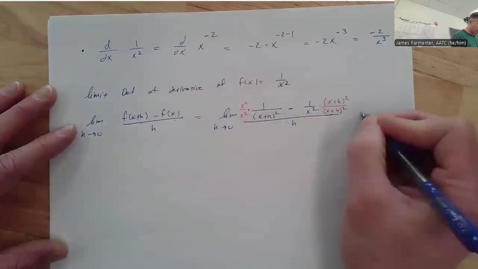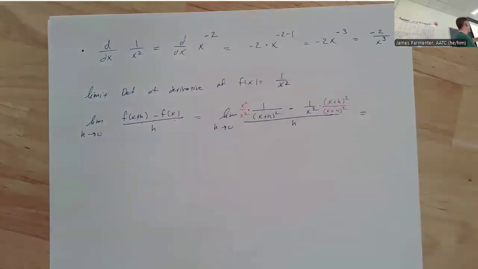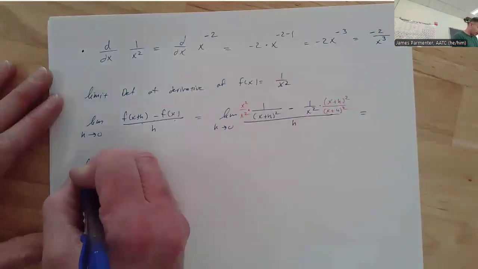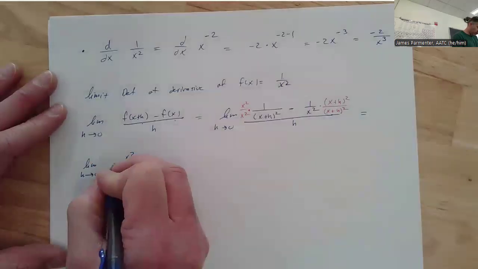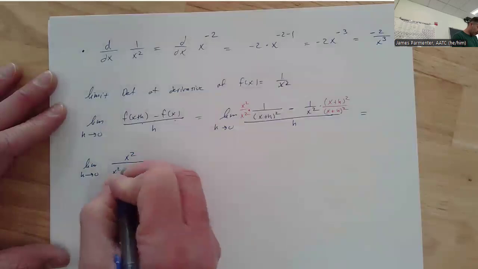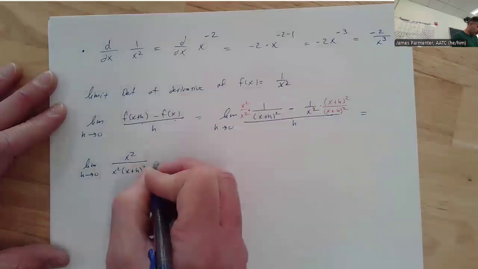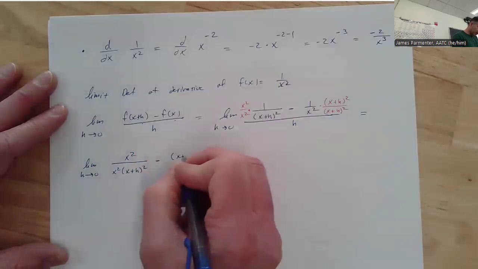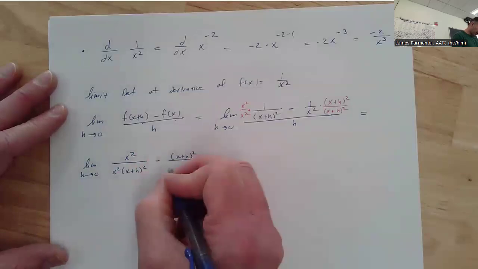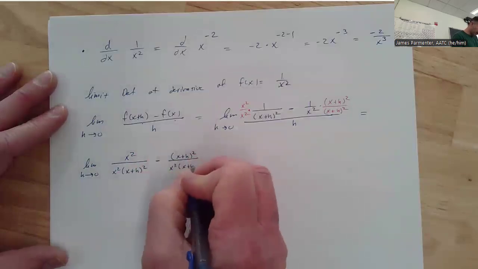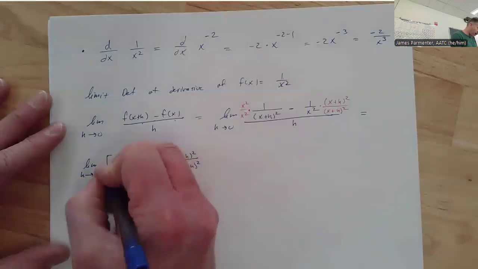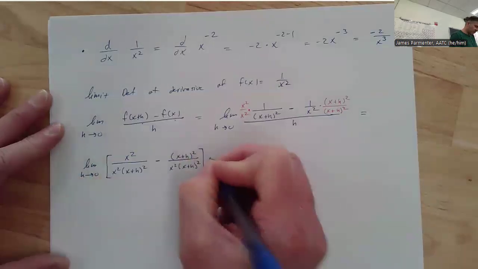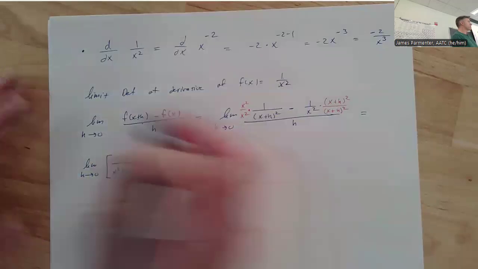Ugh. So here's what happens. Before you write this down, I'm going to point something out. I'm going to write out the top: x squared over x squared times x plus h squared, minus x plus h squared over x squared times x plus h squared. But then instead of writing all of that divided by h, I don't love fractions and fractions, so I'm going to write all of that times 1 over h.